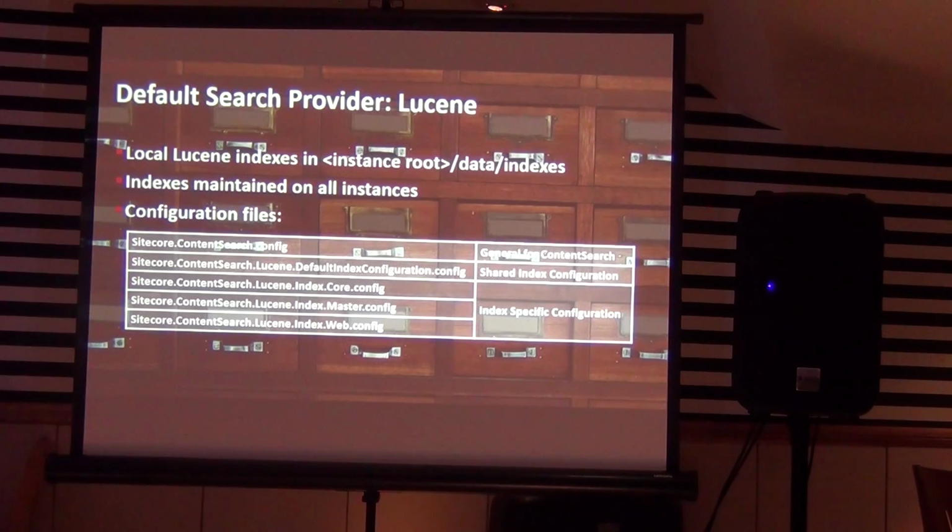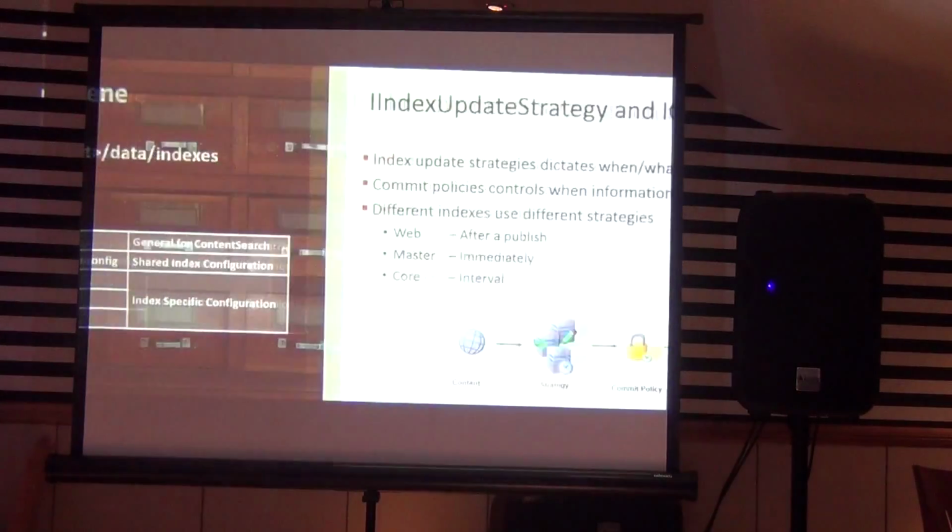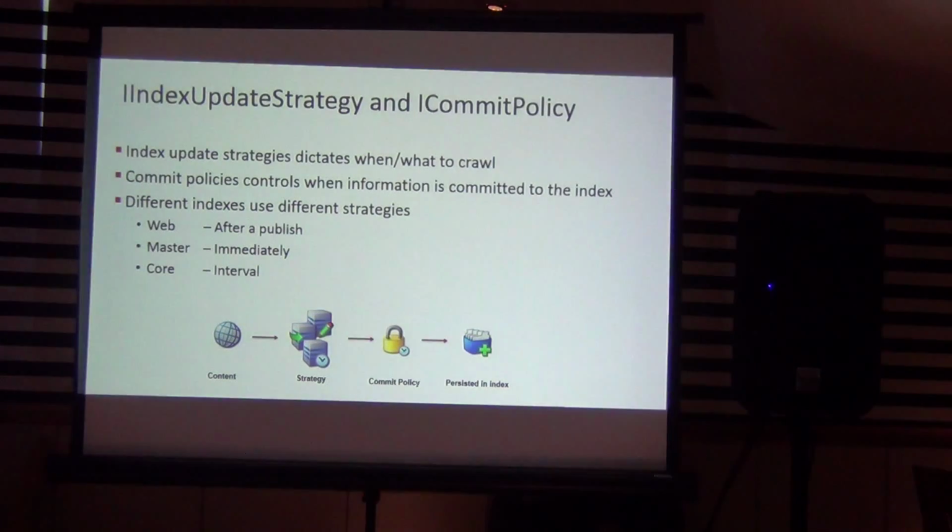By any means, feel free to ask some questions or write them down as we go along. So the first thing that you immediately notice is different from the way that Sitecore 6.6 handles indexing to the way it's done in Sitecore 7 is that Sitecore 7 introduces the possibility for having different index strategies.